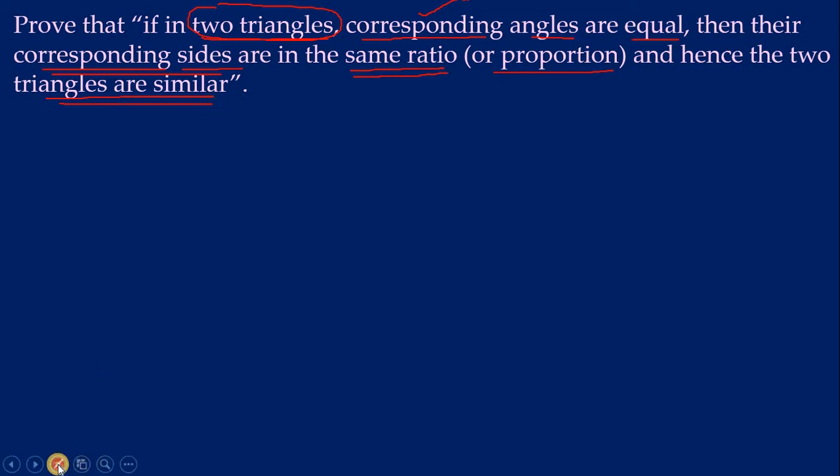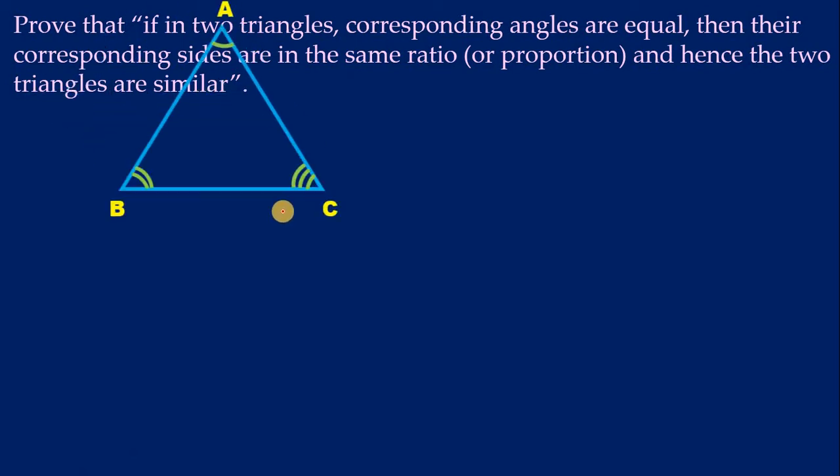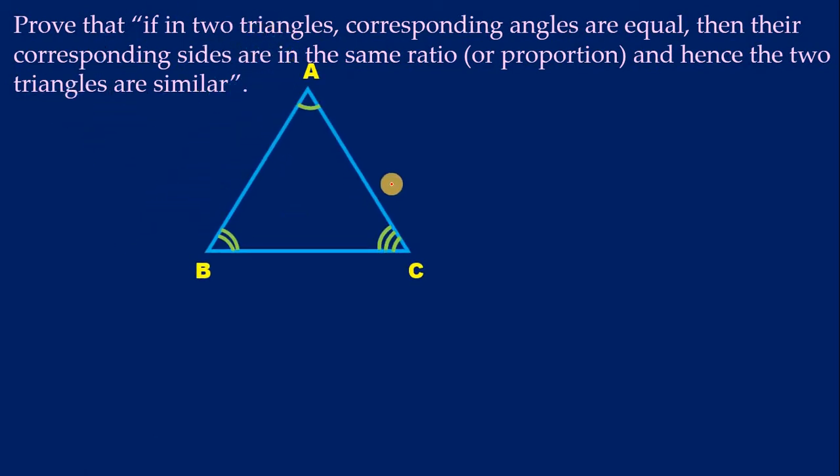So to prove this theorem, first let us draw the figure. As said in the theorem statement, let us take two triangles. First one, I have taken triangle ABC. Second one, triangle DEF.